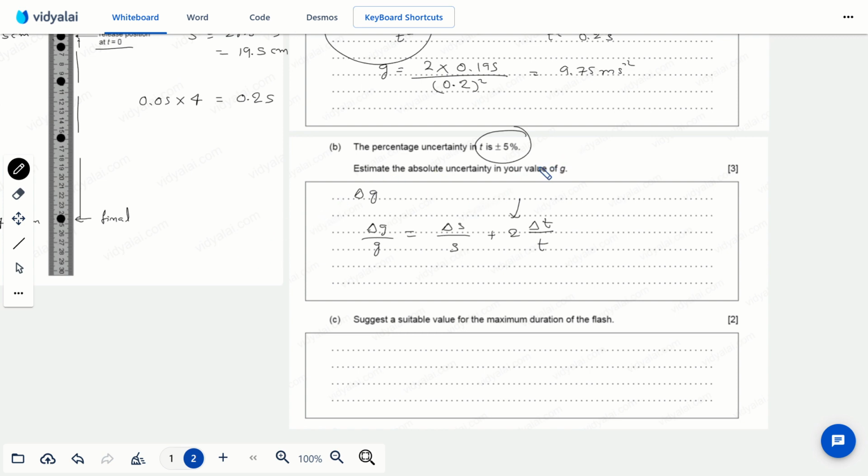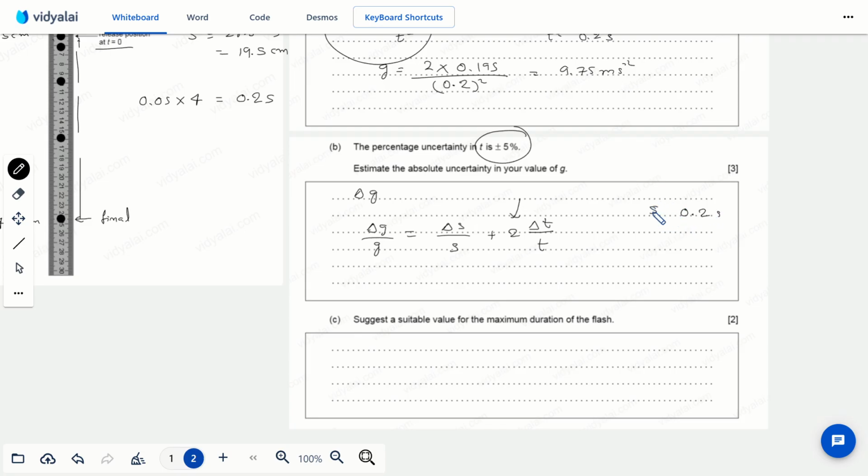But before that, we need to find out the absolute uncertainty of t. So what's that? Plus or minus 5% of t. And t is 0.2 seconds.